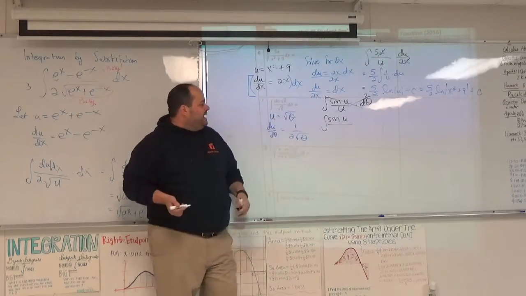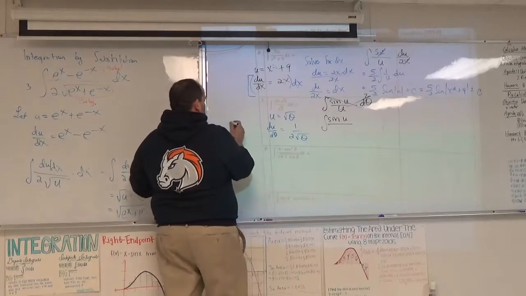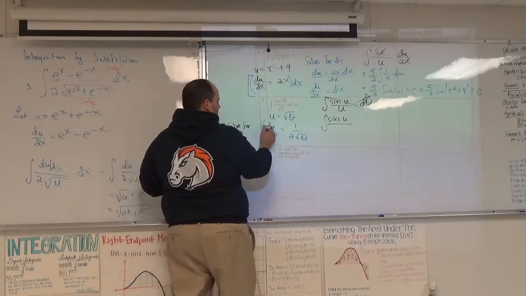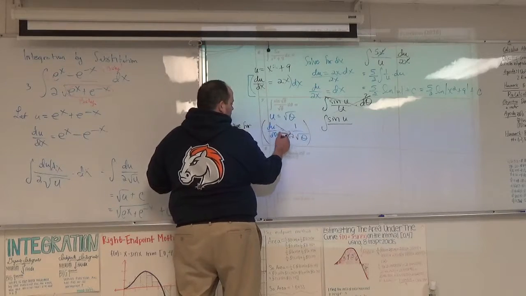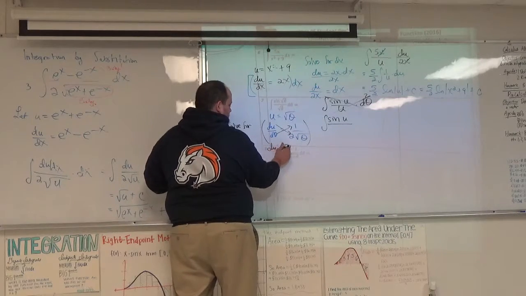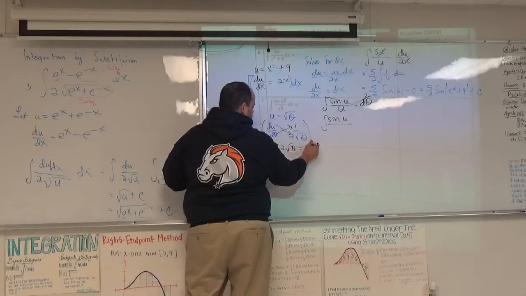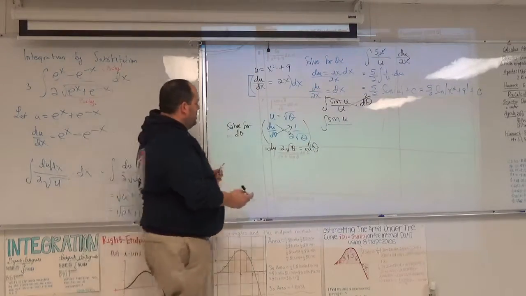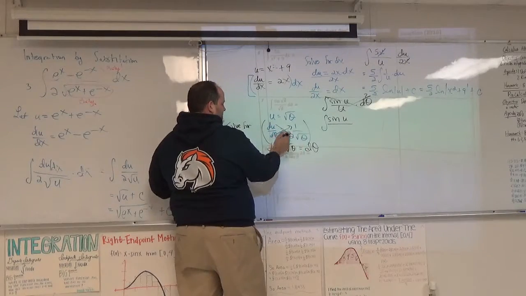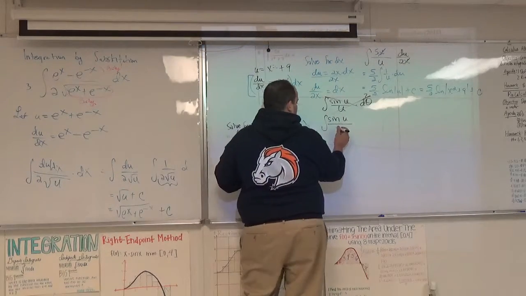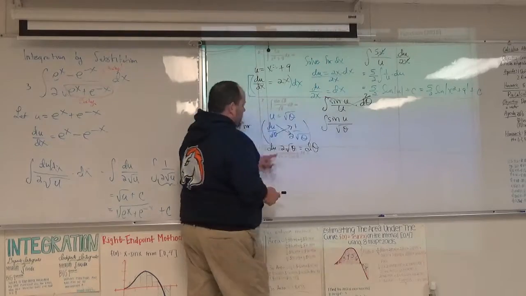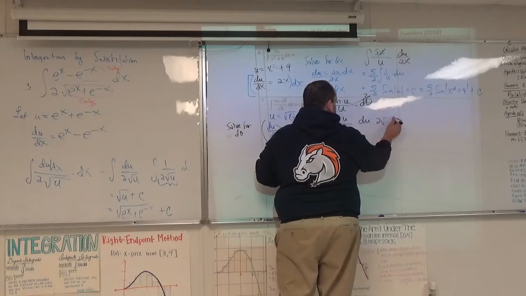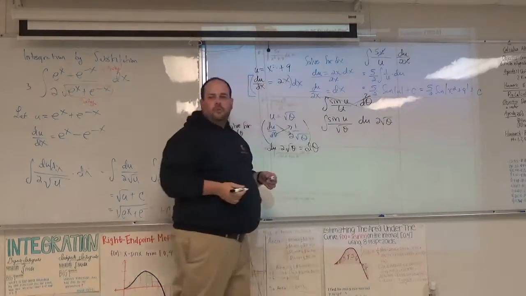Not too bad. If you try this new strategy of just solve for d theta, well, how am I going to solve for d theta, I could cross multiply to say du times 2 square roots of theta is equal to d theta. Right? This guy times this guy equals that guy times that. Sine of u over the square root of theta, replace d theta with du over 2 times the square root of theta.